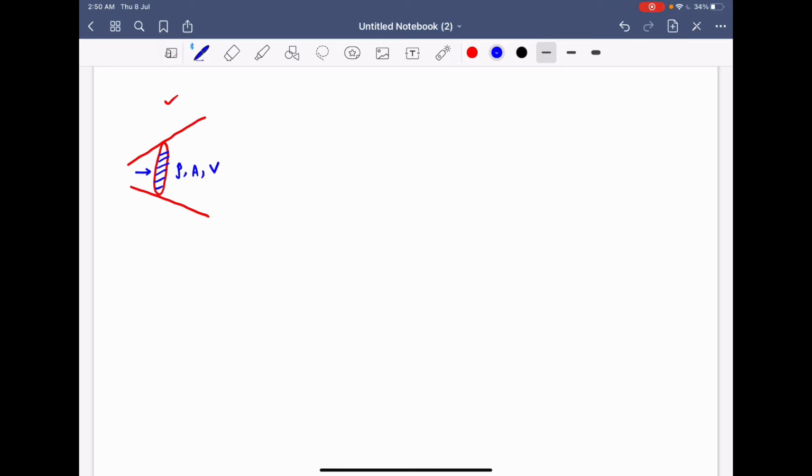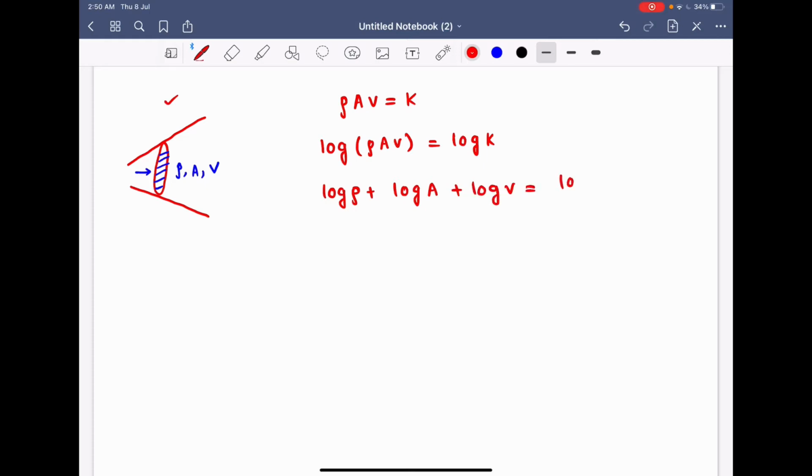For any cross section I can write rho A v is equal to constant. Why? Because of the continuity equation. Now I'm taking log on both sides. So log of rho A v is equal to log of constant. So I can write log rho plus log A plus log v is equal to log k.